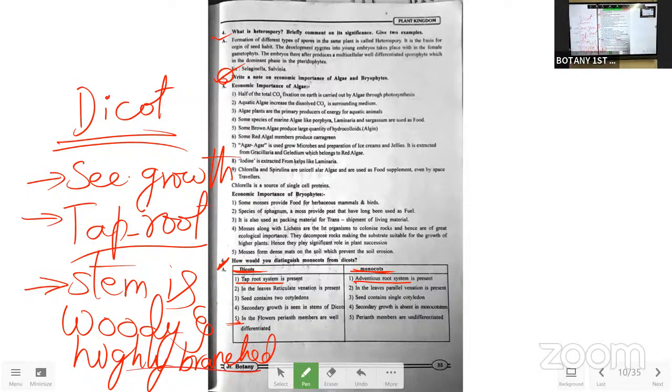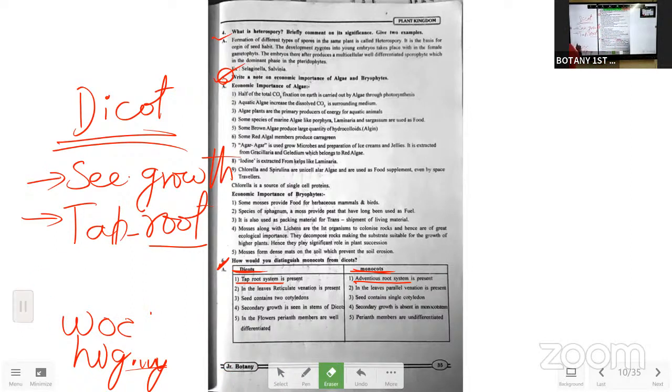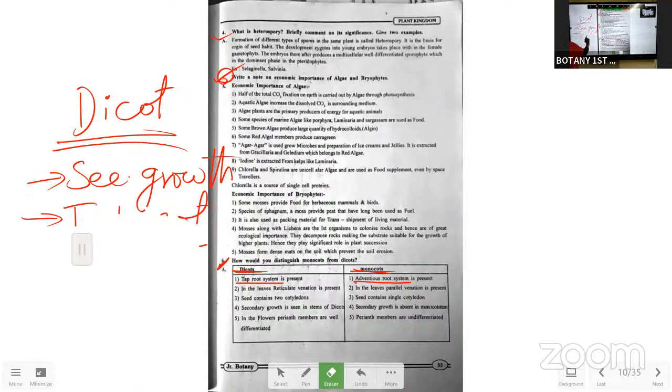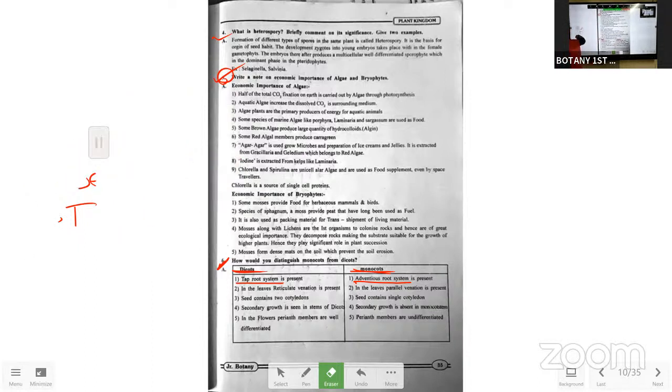What we have to write over here for the dicots. Whereas in the monocots, stem is not woody and less branched. Sometimes no branches. Example, rice plant. In the rice plant, in the paddy fields, we won't see the stem highly branched, not branched at all. So that's the one we have to write over here.